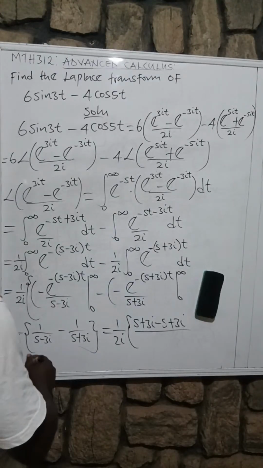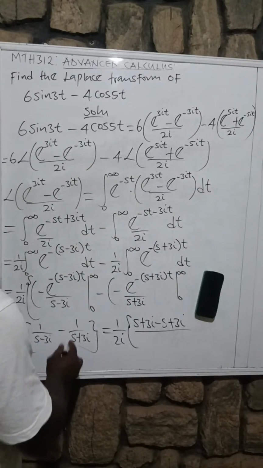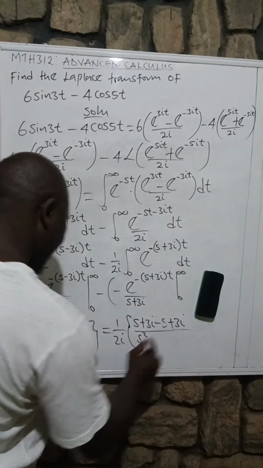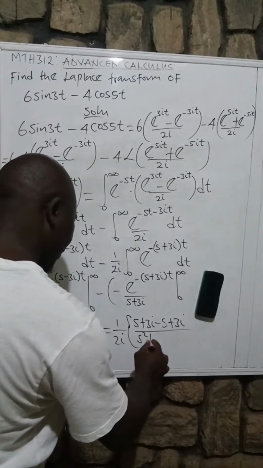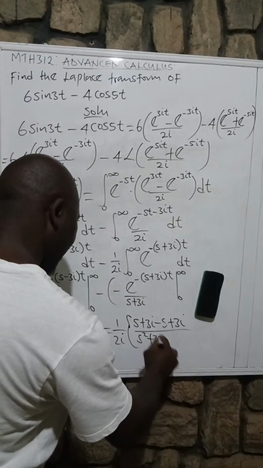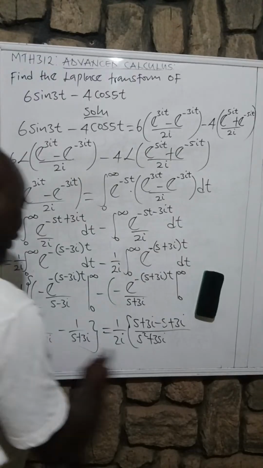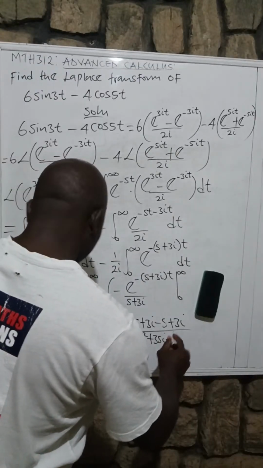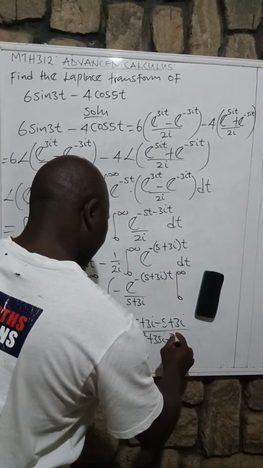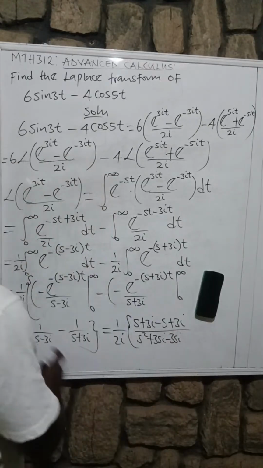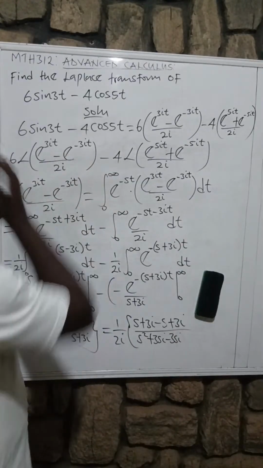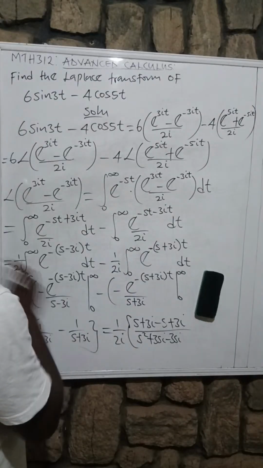This is going to give us s times s, s squared, plus 3si minus 3i times s, minus 3si, then minus 3i times plus 3i.